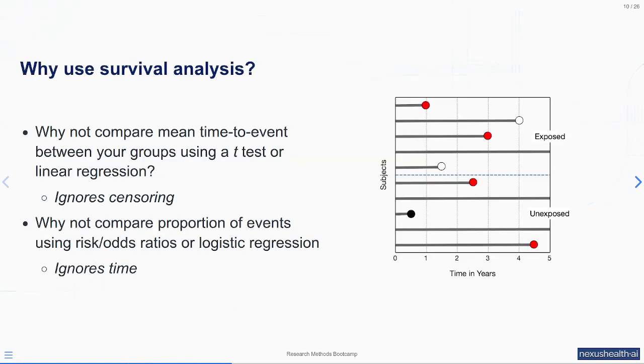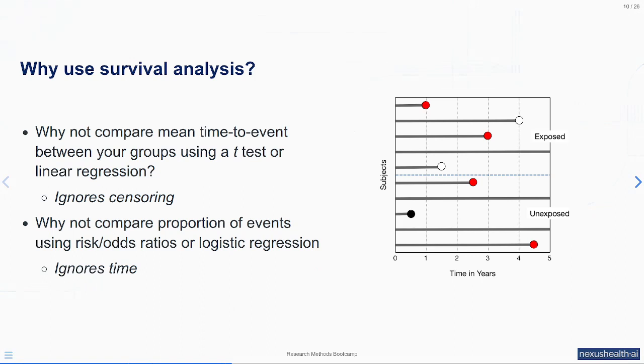So why do we use survival analysis? Why not just compare the mean time to event between our groups using a t-test or a linear regression? The reason with this approach is that it ignores censoring. What is censoring? Well, you will hear more about that as we go on. But this first approach, wherein we compare the mean time to events between groups, ignores censoring.